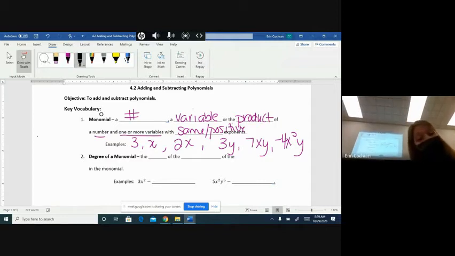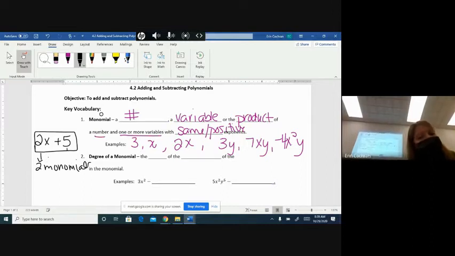Yeah. So like if I have 2x plus 5, if I look at this, can I add those? No, they're not like terms, right? Are these monomials? No. How many monomials are within this problem? There are 2. We have 2 monomials.